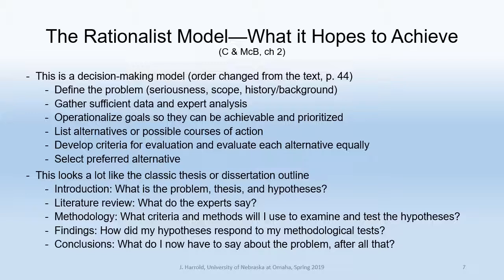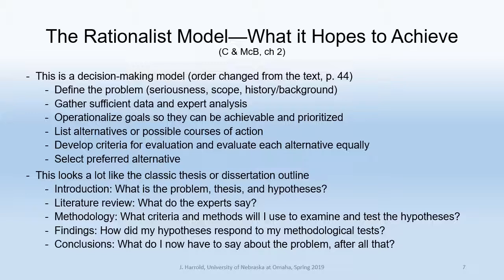So the classic 5 chapters of a thesis or a dissertation are the introduction, where you say, hey, this is what I'm going to talk about. The literature review, which is, this is what the experts say. The methodology, which talks about, this is how I will discover the truth, relatively, of what I am testing. So I'm going to use this kind of methodology, and I'm going to use these kinds of criteria to judge my hypotheses. And the findings: how did my hypothesis respond to my methodological tests?